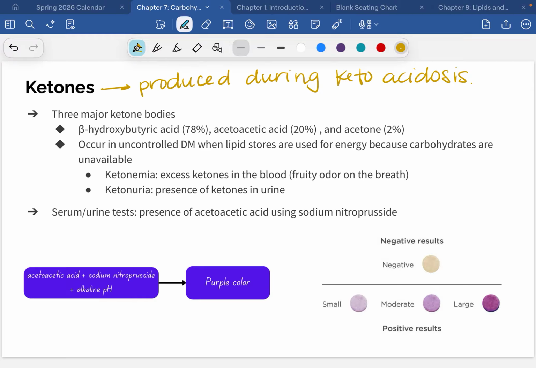Remember, we talked about this when we talked about diabetes mellitus, particularly type 1 diabetes. So this occurs in uncontrolled diabetes mellitus when lipid stores are used for energy. Lipid stores and muscle tissue are used for energy because the carbohydrates are unavailable.